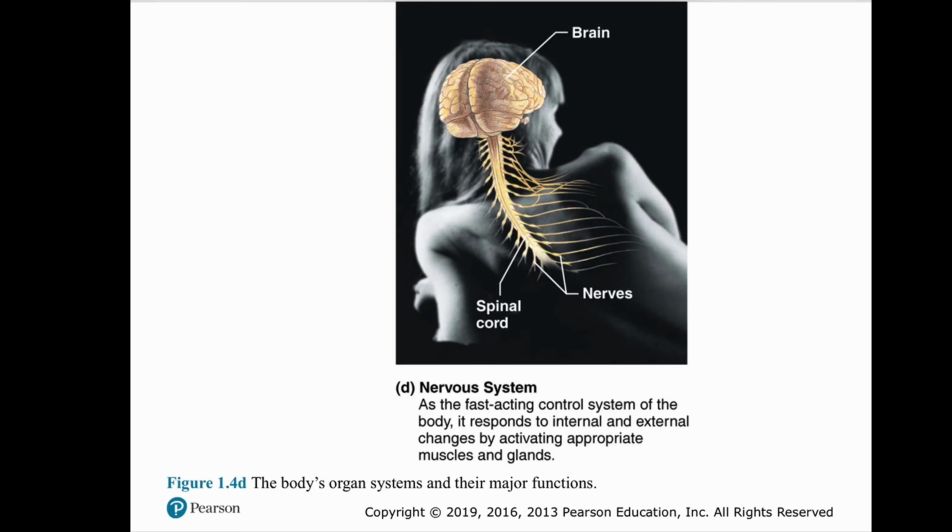The nervous system is made up of the brain, the spinal cord, peripheral nerves, and sense organs, and some functions are it directs immediate responses to stimuli, coordinates or moderates activities of other organ systems, and provides and interprets sensory information about external conditions.